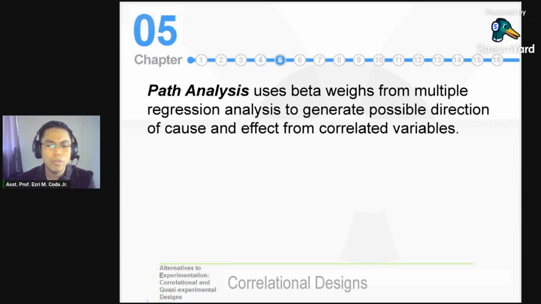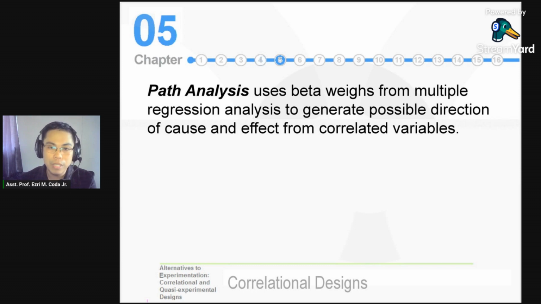So, it can compare different models to determine which one best fits the data. And path analysis can disprove a model that postulates causal relations among variables. So, it can disprove a model if there is already a certain model that establishes causal relations among certain variables. It could be useful for that as well.